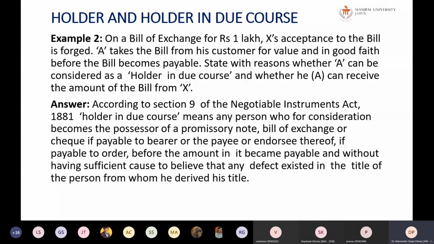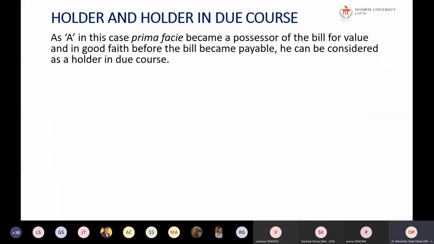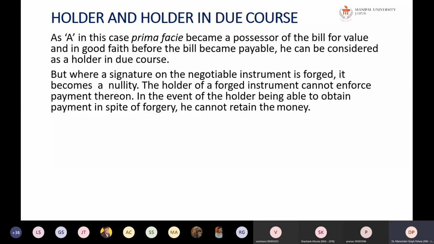So the instrument was defective, the title was not clear, but still this person will be called a holder in due course. Number one. Secondly, he will not be able to receive any amount, because it is a case of forgery. So he cannot retain the money. Even if he gets the money from the bank, he has to return it to X because it actually belongs to X.